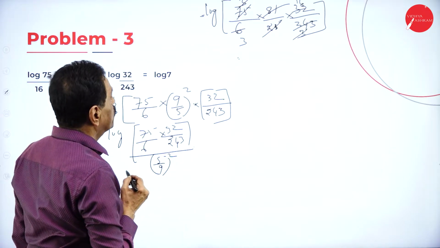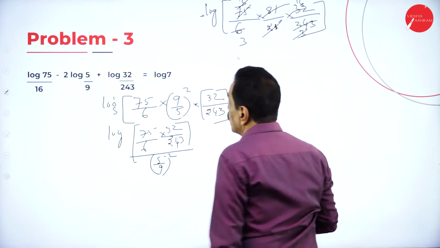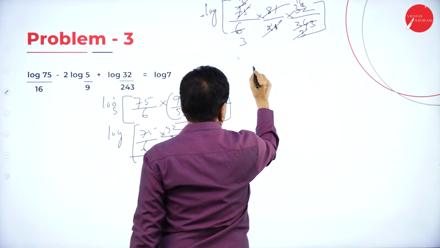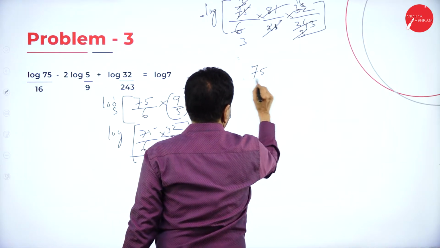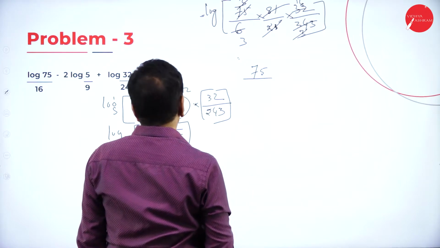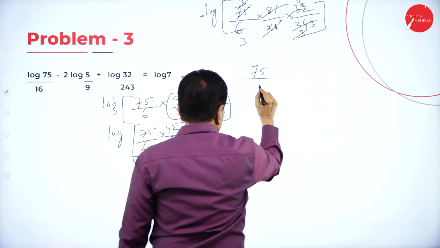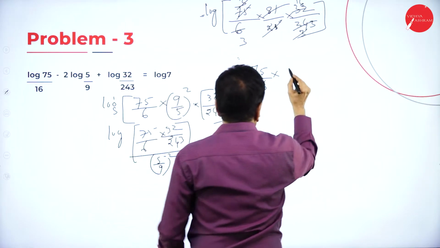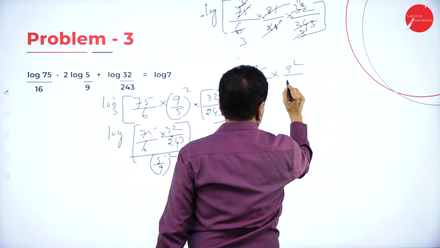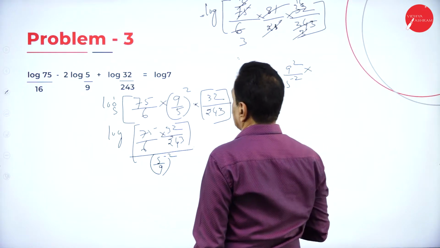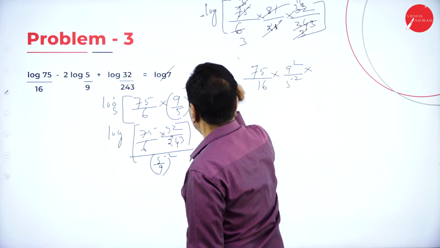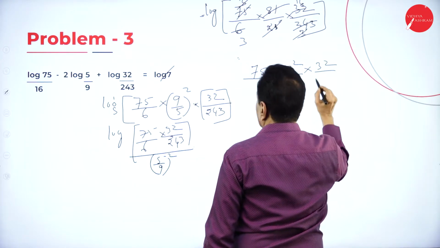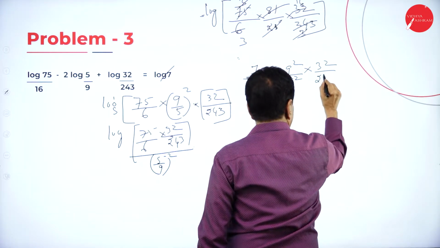Log 75 divided by 16 into 9 square divided by 5 square into 32 divided by 243.